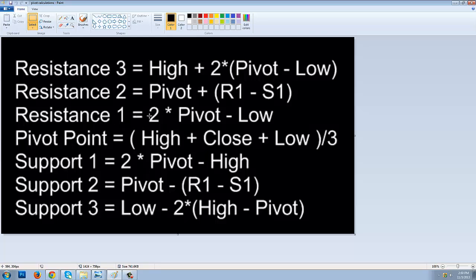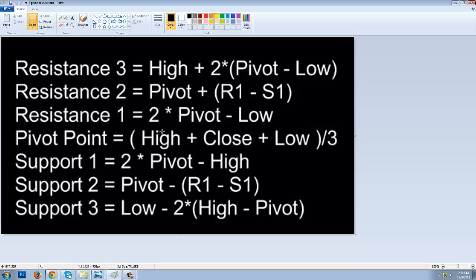Now resistance number 1, which is up: you multiply 2 by the pivot, minus the low, and you find resistance number 1. Now resistance number 2 is the pivot plus resistance 1 minus support 1. These are just calculations, so you calculate by yourself.